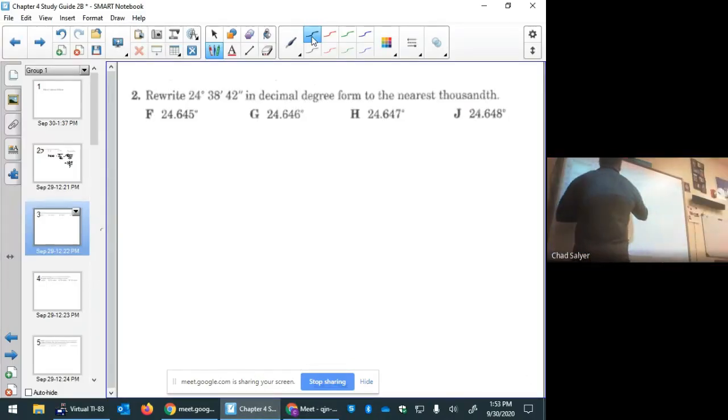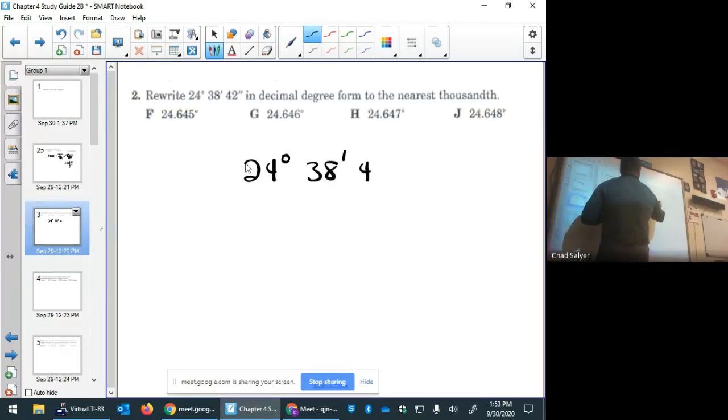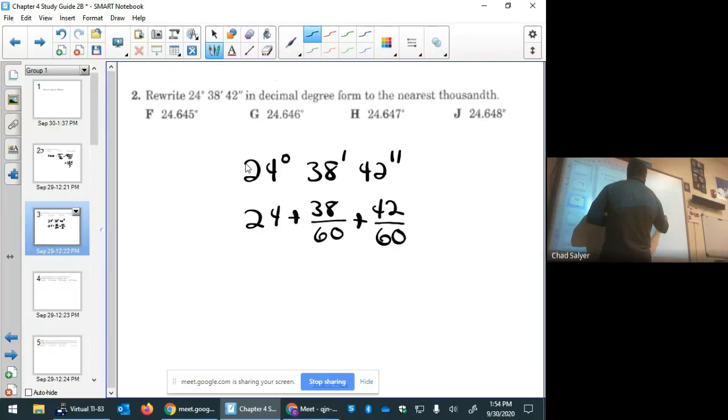All right, so 24 degrees, 38 minutes, 42 seconds. Remember that minutes are 1 over 60 and seconds are 1 over 60 squared. So 24 plus 38 over 60 plus 42 over 60 squared degrees.